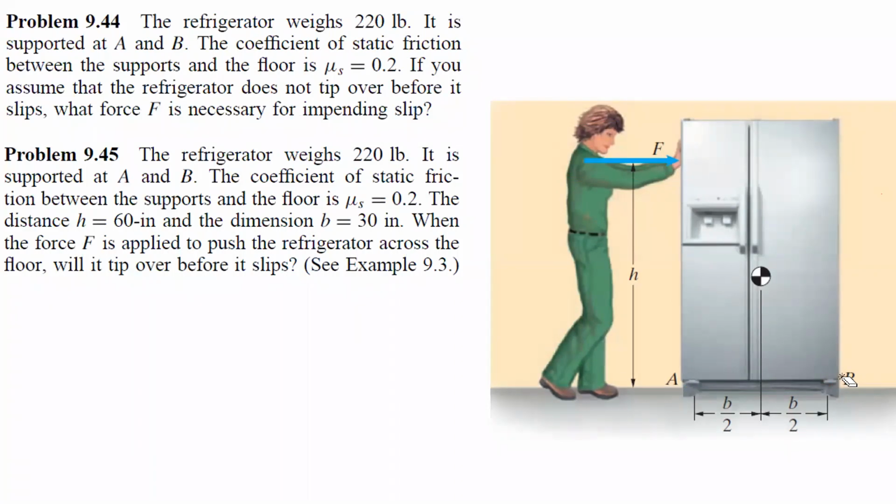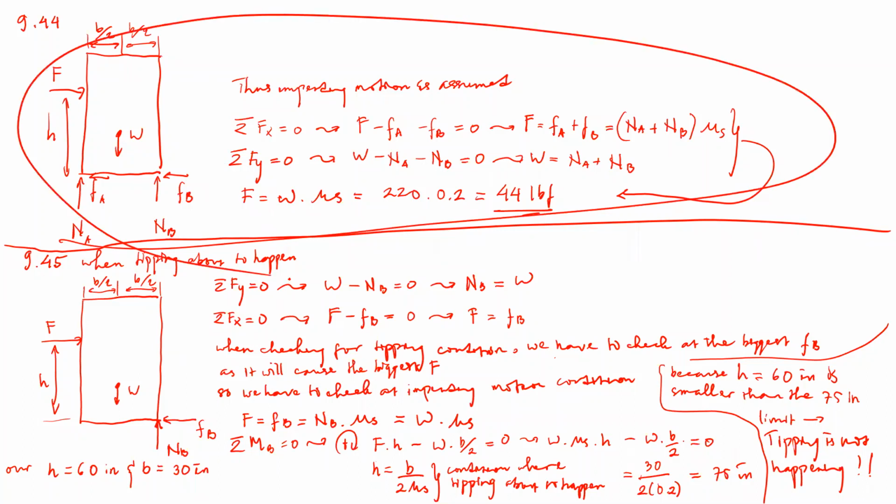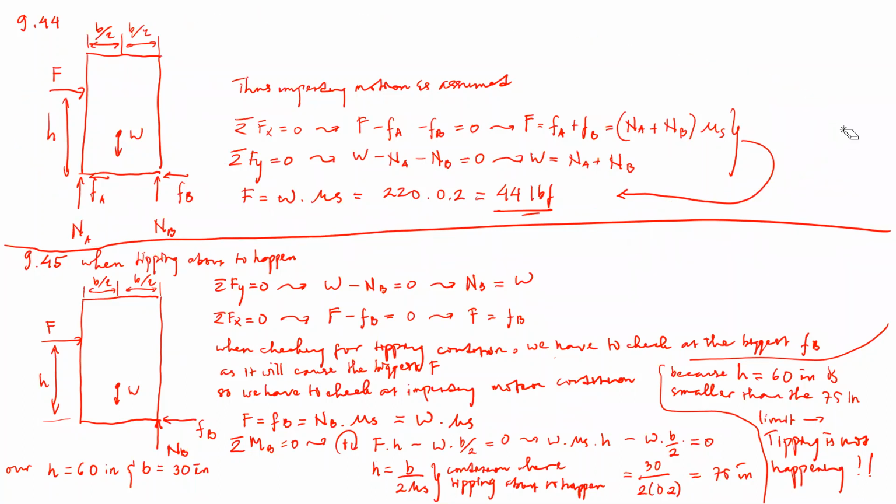The mu s for both problems is the same, 0.2. First I want to discuss the first problem, 9.44. So please don't look at the solution for 9.45. We concentrate on the top part.